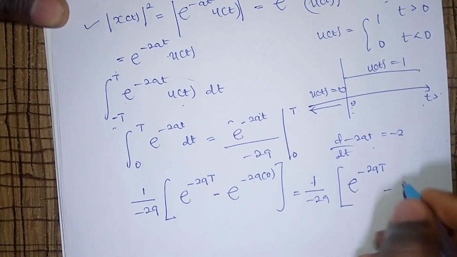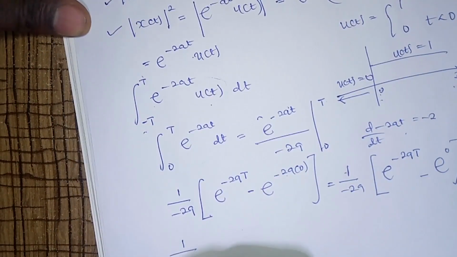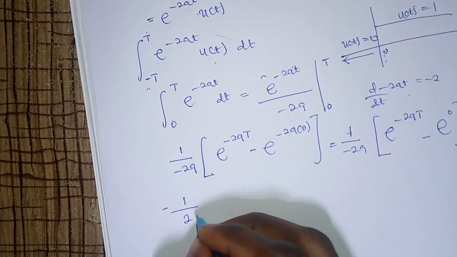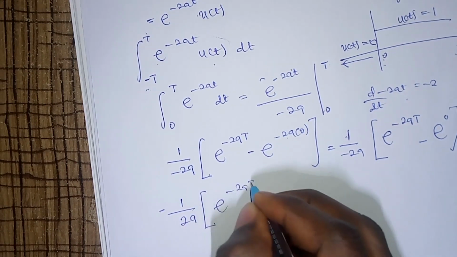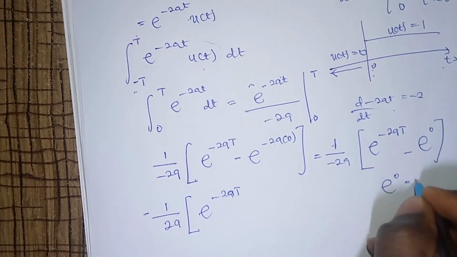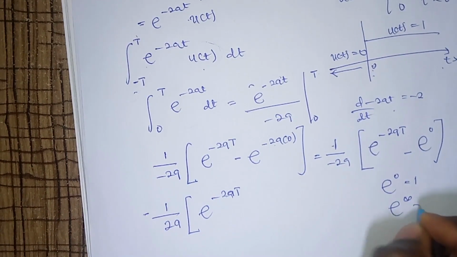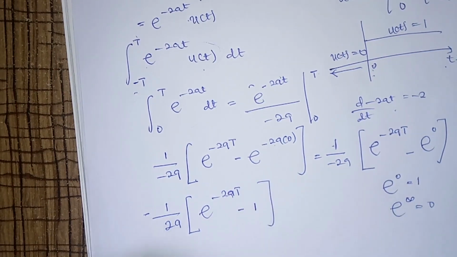So e to the negative 0, right? So we proceed and say 1 over negative 2a, right? E to the negative 2at. Remember this pattern, e to the 0 is 1, e to the infinity is 0. So e to the 0 is 1, so minus 1. Then we'll close the bracket.